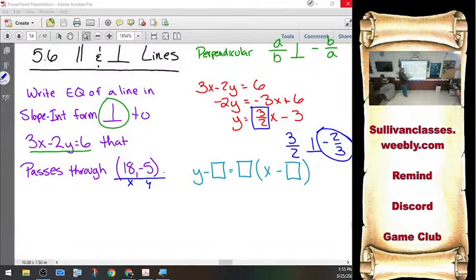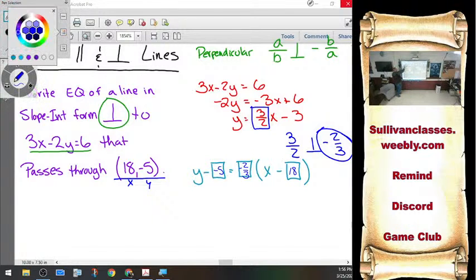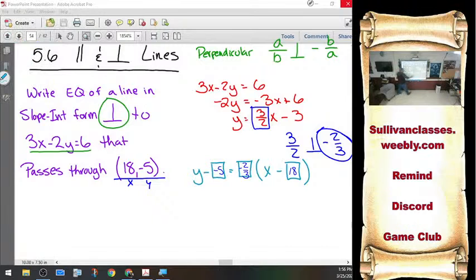Plug in my y, plug in my m, plug in my x. Rewrite: y plus 5 is negative 2/3 times x minus 18.